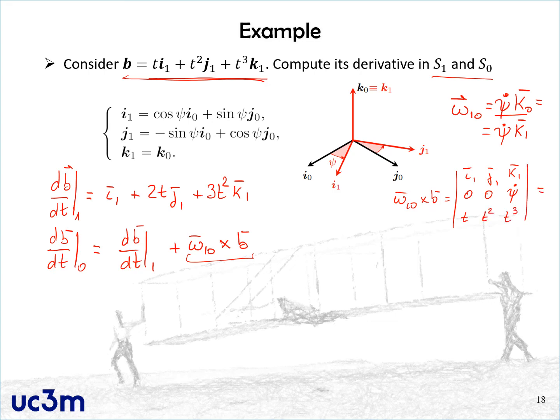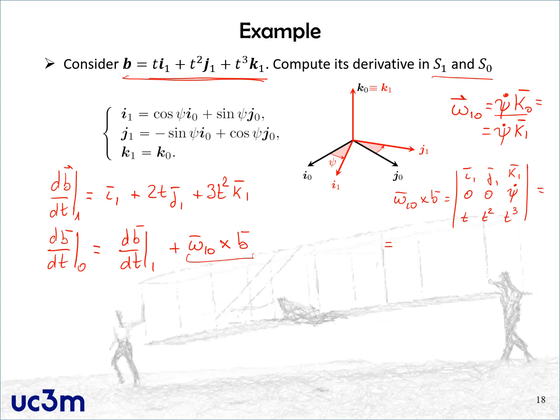Okay, so if we take this determinant, what we have is psi dot t squared 1. Okay, then we have with a minus, sorry, and then we have plus psi dot, oh my god, I'm sorry, let me start over because I'm mixing things and getting ahead of myself.